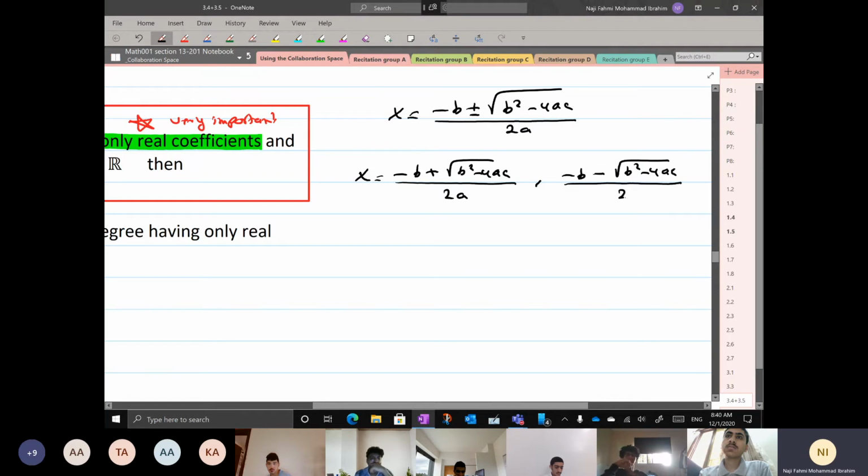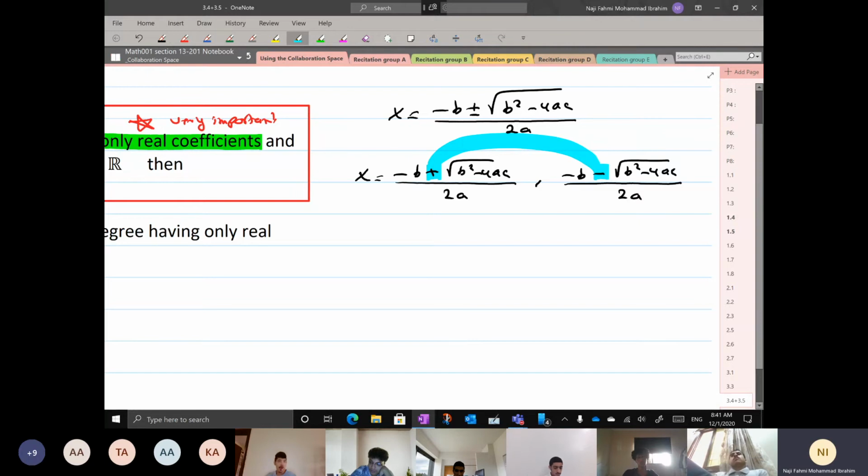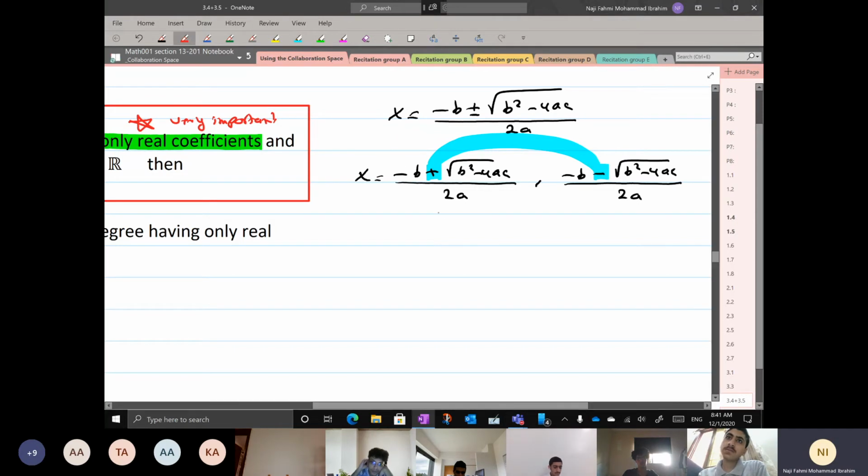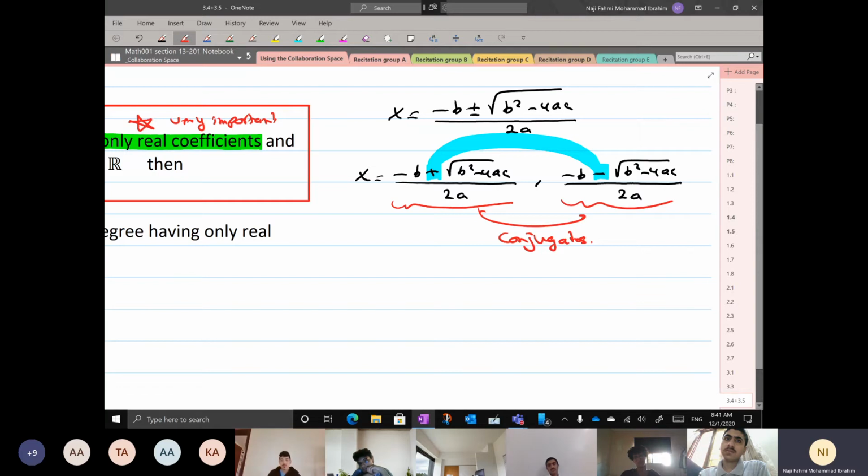Look at the root. We have a positive and a negative. So if the roots are complex, the only difference between them is the plus or minus sign. Are these conjugates? Yes. So that's why we say if one of the zeros is complex, automatically its conjugate is also a zero, because of the quadratic formula.